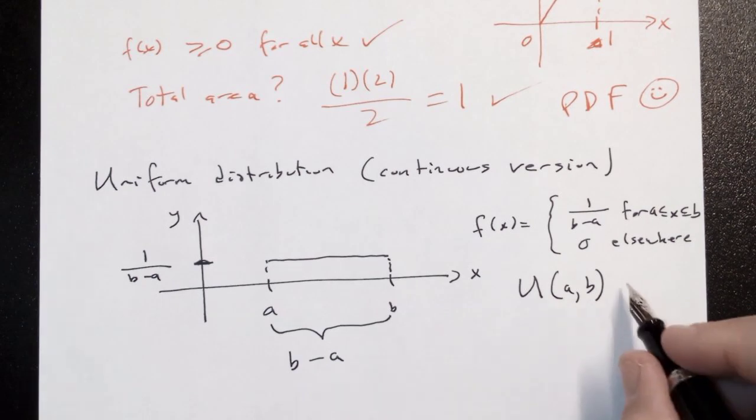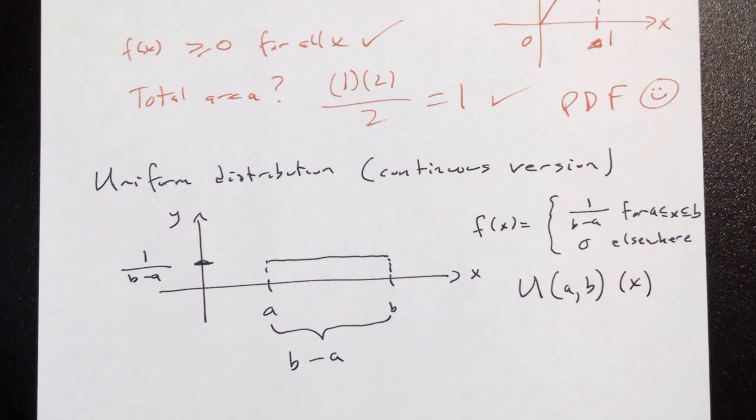And it's of X. That's the notation used in the textbook. Otherwise, I wouldn't write it down. Just remember uniform, it's flat. I just have to know from where to where. It turns out that it is fairly easy to figure out the CDF here.